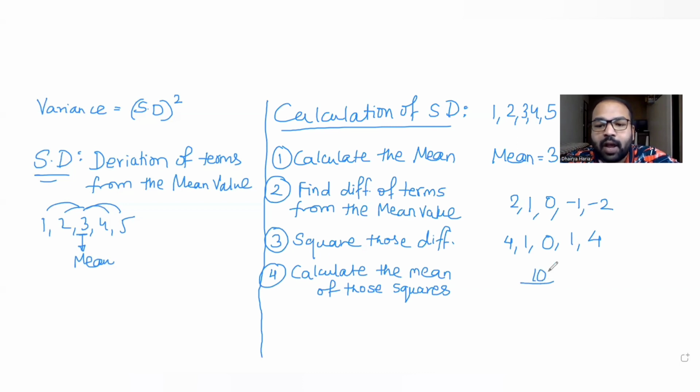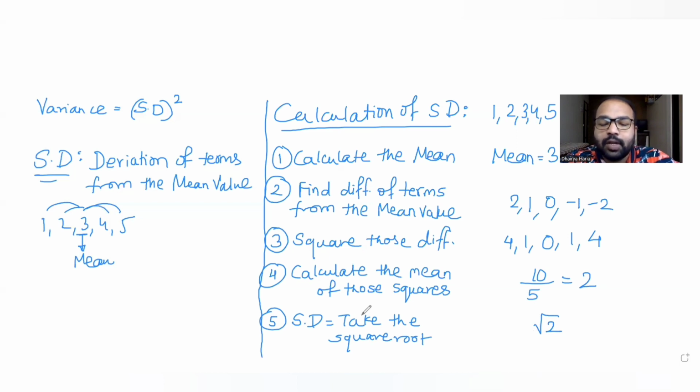So it becomes 10, and the number of terms is 5, so it becomes 2. And then to find the standard deviation, you take the square root. Once you take the square root of that mean, that gives you the standard deviation, right? So this is the idea of how to calculate standard deviation.